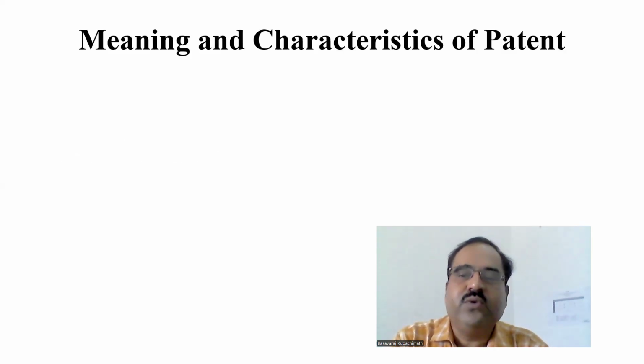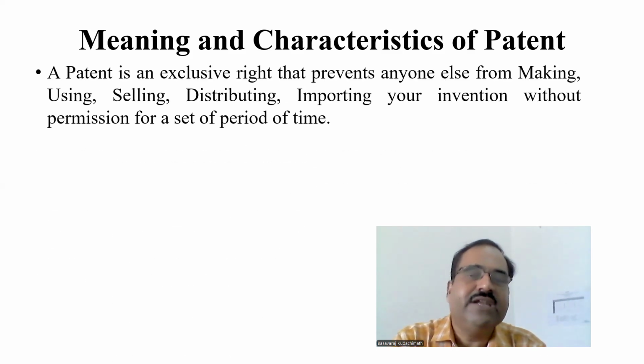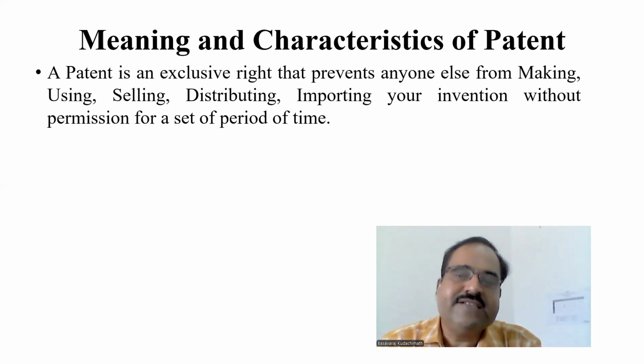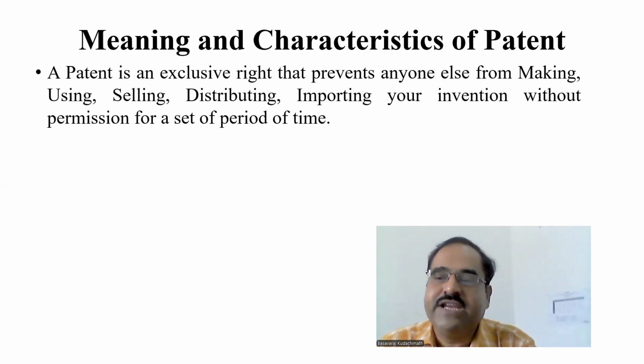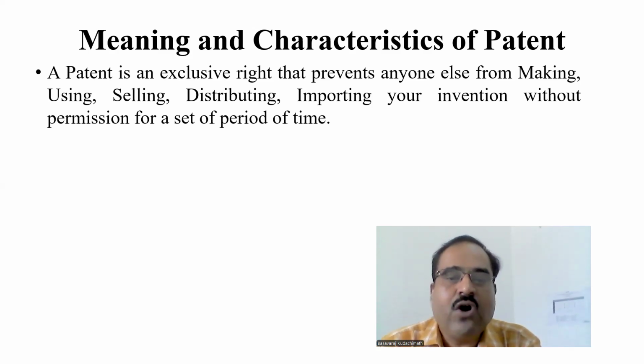As all of you know, we have already seen the meaning of the patent. A patent is an exclusive right that prevents anyone else from making, using, selling, distributing, or importing your invention without permission for a set period of time.